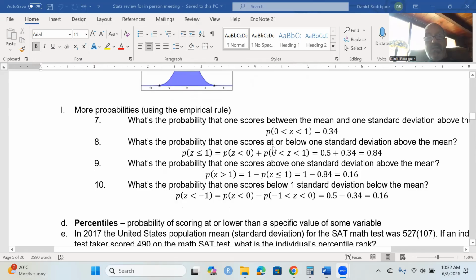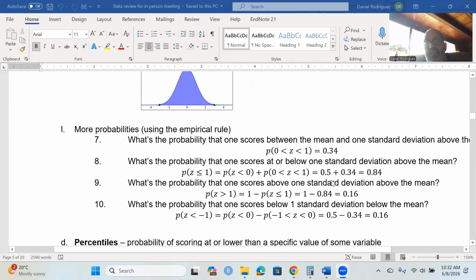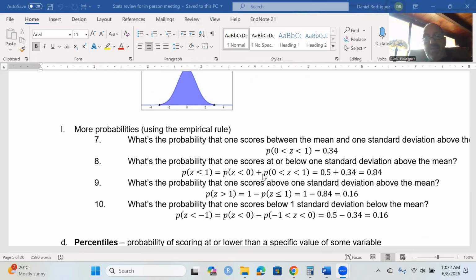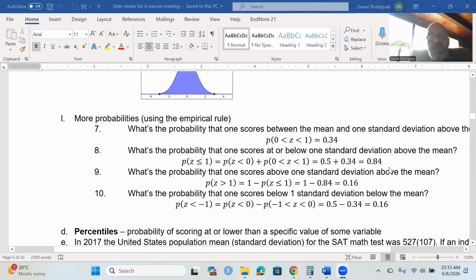What's the probability that one scores at or below 1 standard deviation above the mean? Well, you have to add two things together. The probability of z being less than 0 is 0.5 because it's half of the distribution, and the probability between 0 and 1 is 0.34. So 0.5 plus 0.34 is 0.84.